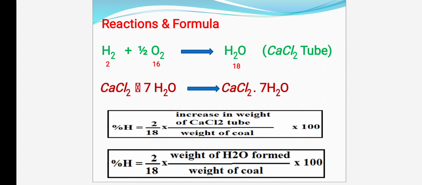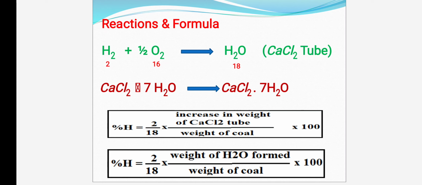How to find it? Final weight minus initial weight. For the formula, percent hydrogen is equal to 2 divided by 18. Why 2? Because the molecular weight of 2 hydrogen is 2. Why 18? Because the produced product is H2O vapor, so 18. Then multiply by the increase in weight of the CaCl2 U-tube. Who is responsible for the increase in weight of the CaCl2 U-tube?